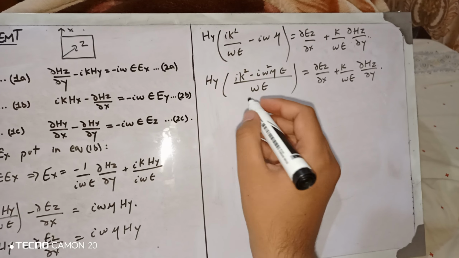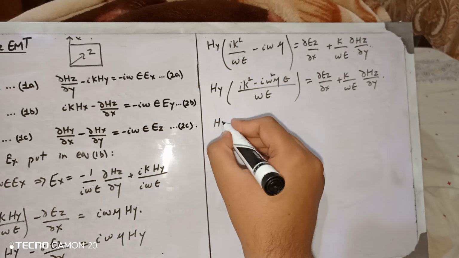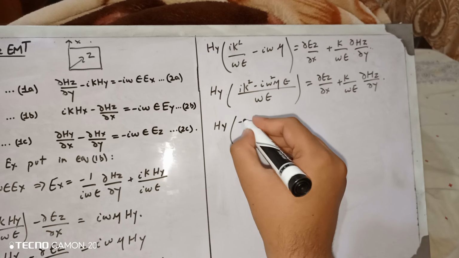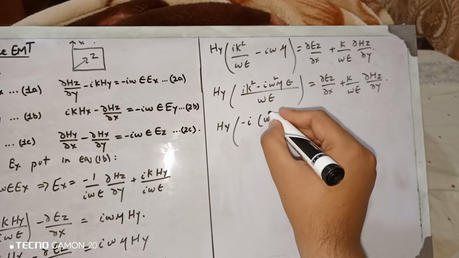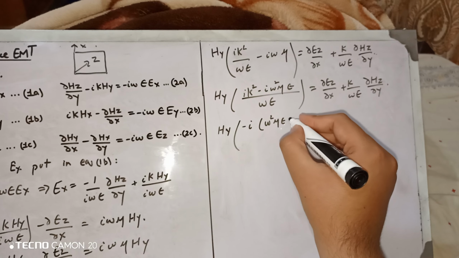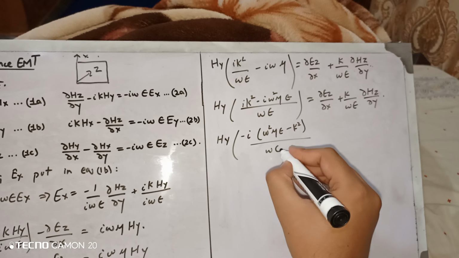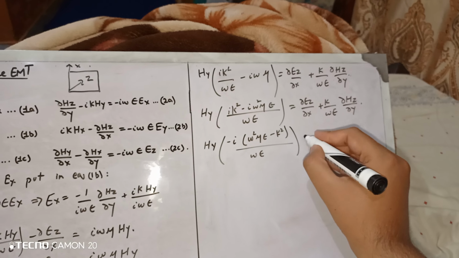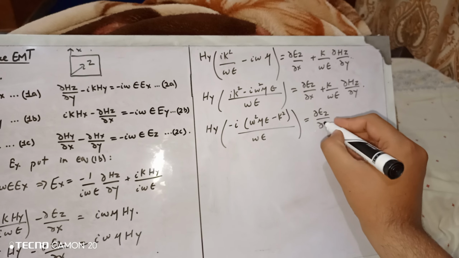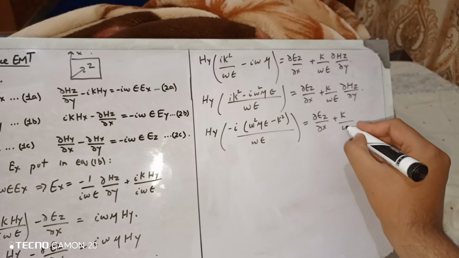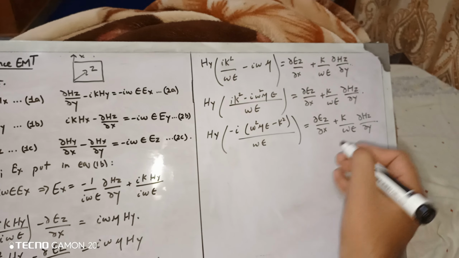Again we have to move this term to the other side. For that, first of all, just take minus iota common, because what we need inside is omega square mu epsilon minus k square to make it as r square, divided by omega epsilon, equals again partial Ez divided by partial x plus k divided by omega epsilon partial Hz by partial y.